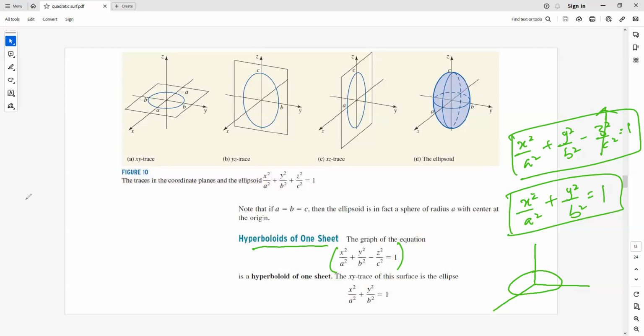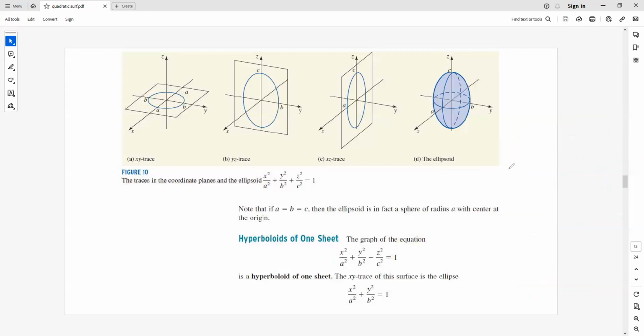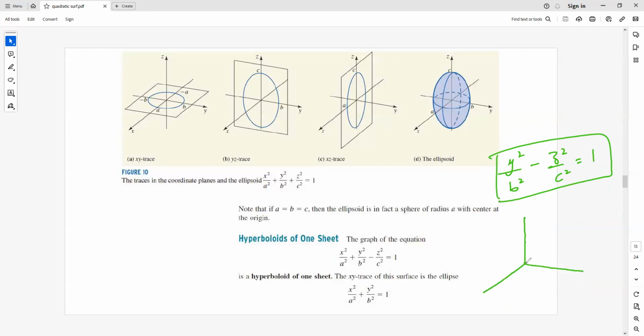And if we now want to find the yz trace, the equation will be like this. This is the equation of a hyperbola, so the yz trace is a hyperbola. Let's draw the yz plane first. This is the yz plane, and we have a hyperbola on this plane, like this.